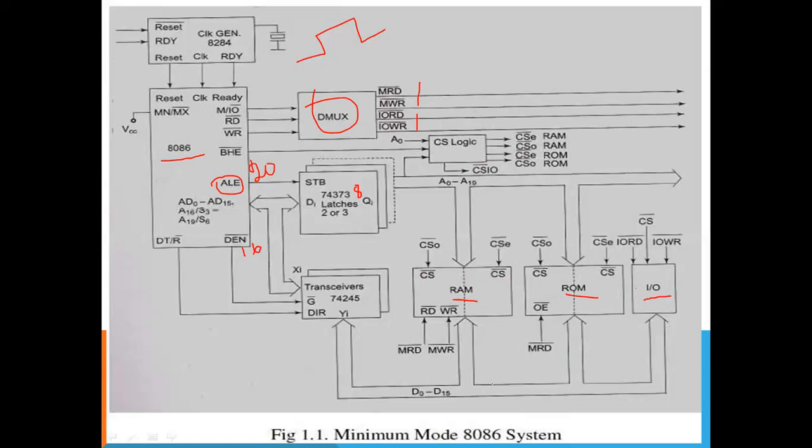Transmitting and receiving the data from memory and I/O devices is called a transceiver. Latches are used to read and write the data through the addresses, to get or save the data to the address in the memory or the I/O.